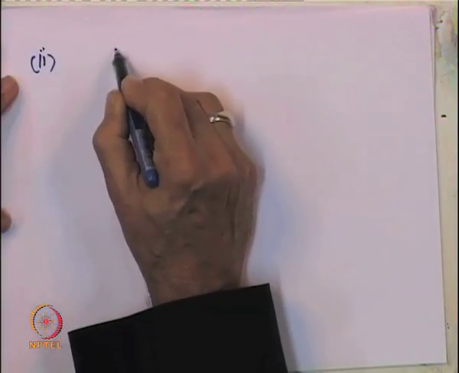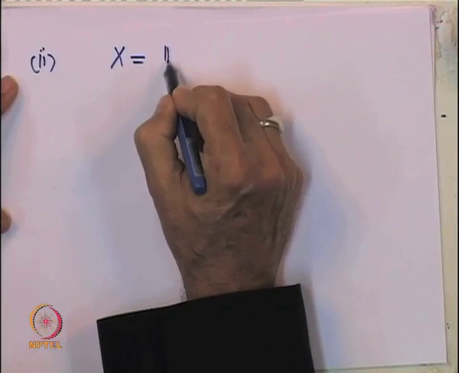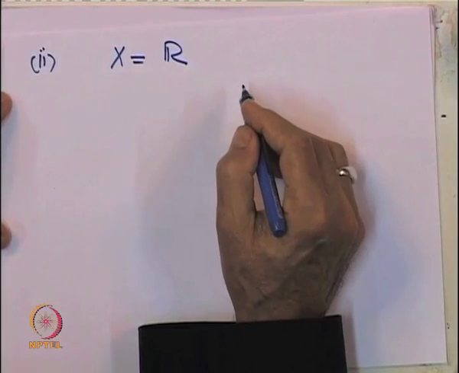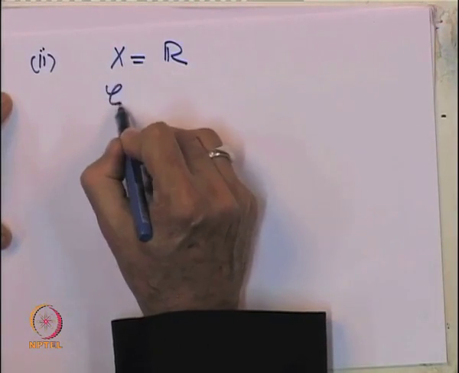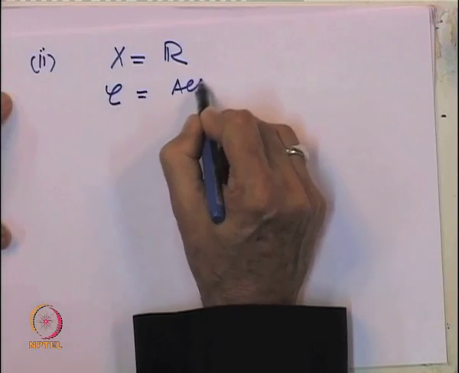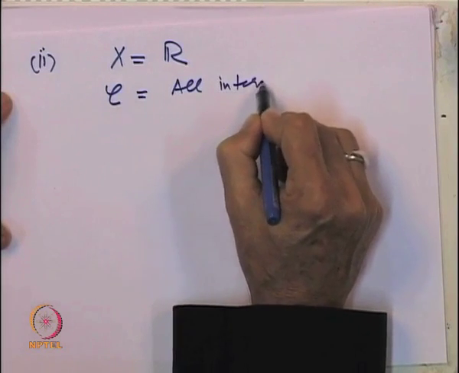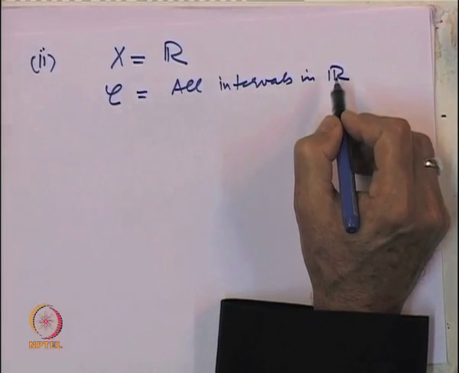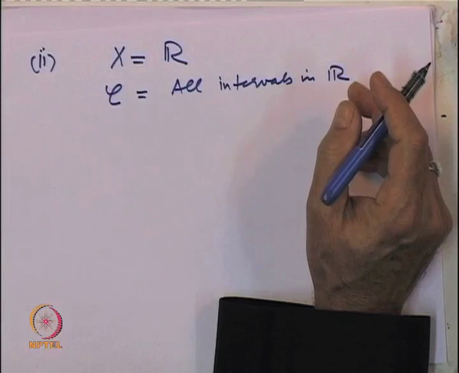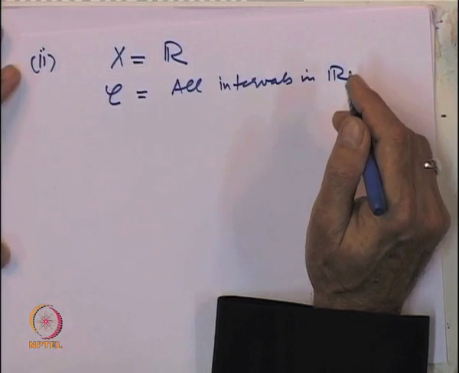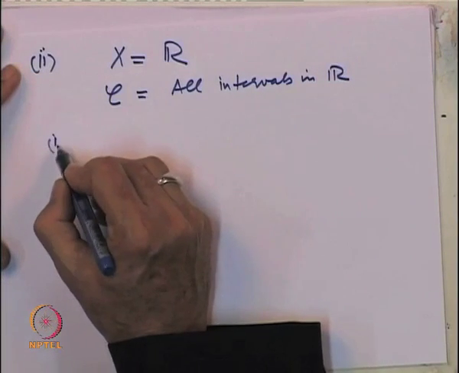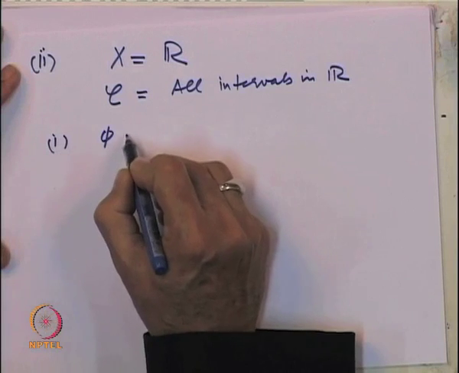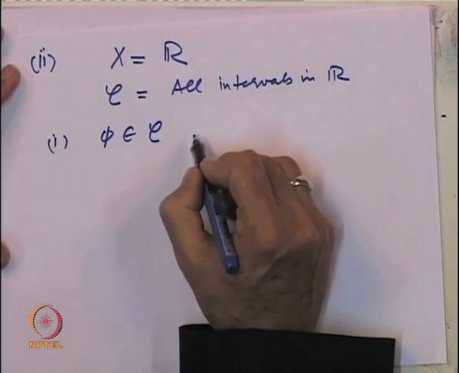So, let us look at the second example, namely let us look at X equal to the real line, and let us take the collection C of all intervals in R. So, we are looking at the collection of all intervals in R, that is the collection C. First property, is the empty set a member of C?